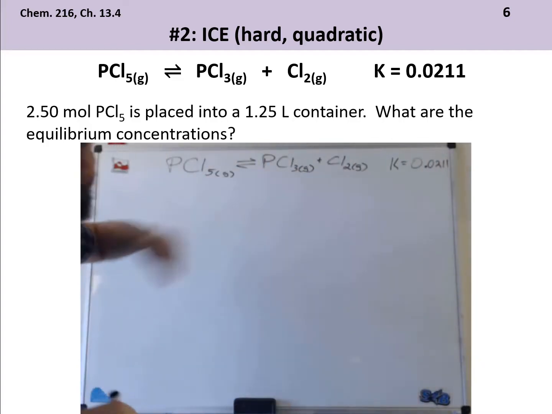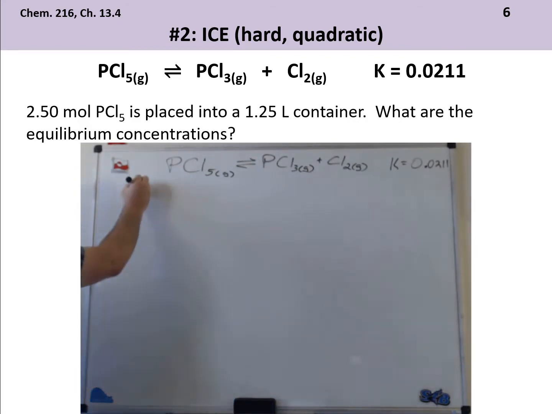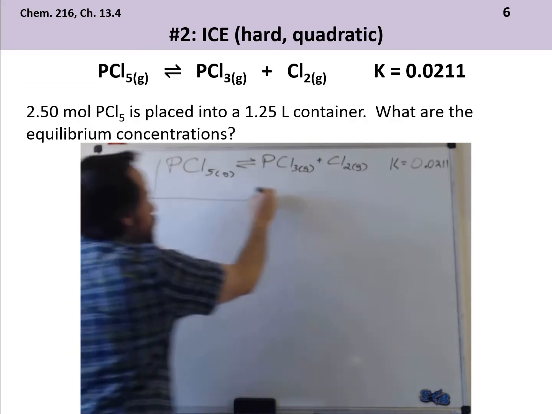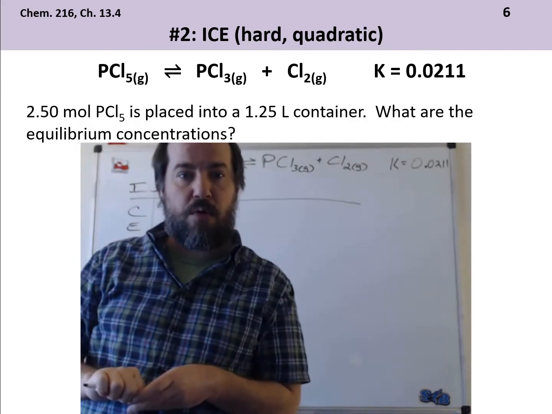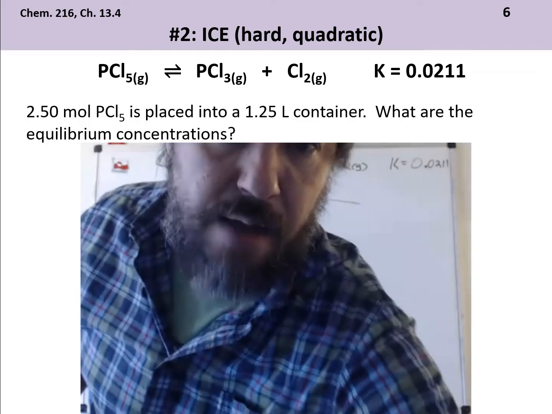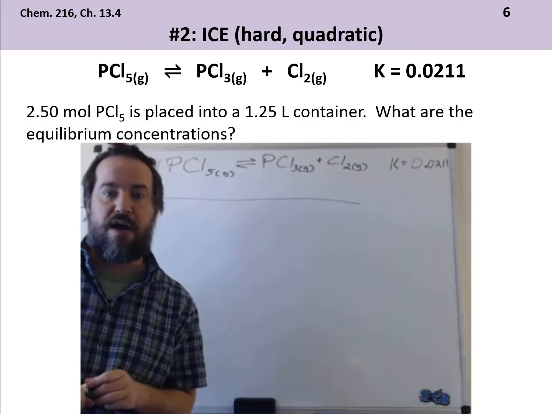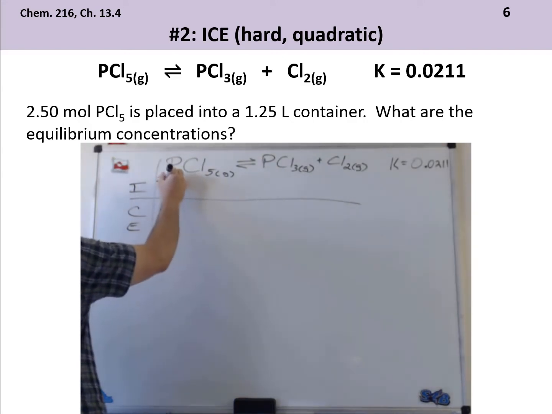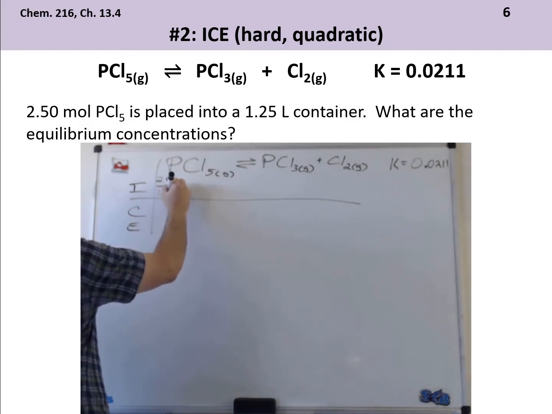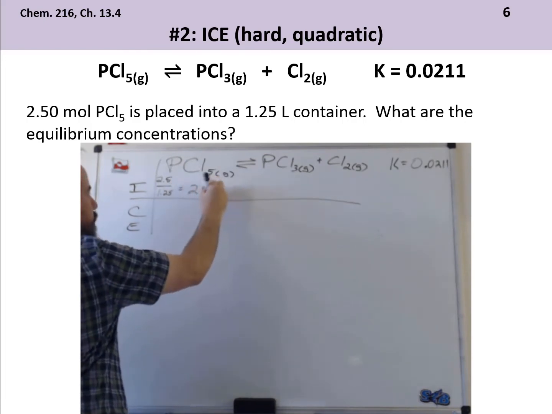Okay, and now when I have this, I go ahead and I do my ICE. So what do I have initially? Well, I'm told that I have 2.5 moles of PCl5, and I place that into a 1.25 liter container. So that means I have 2.5 over 1.25, which is 2 molar.